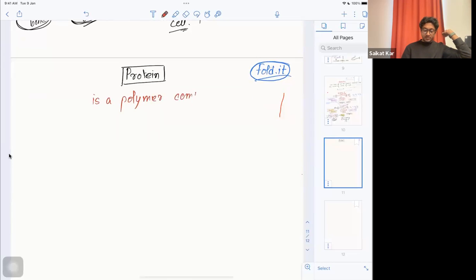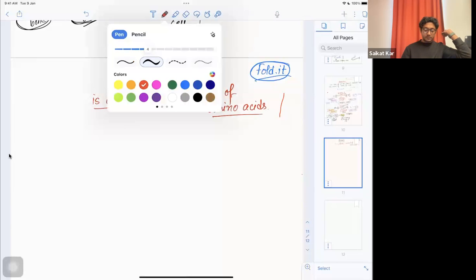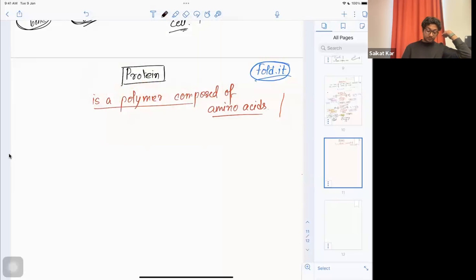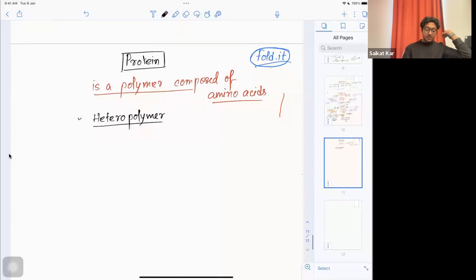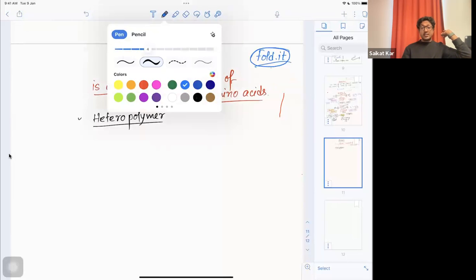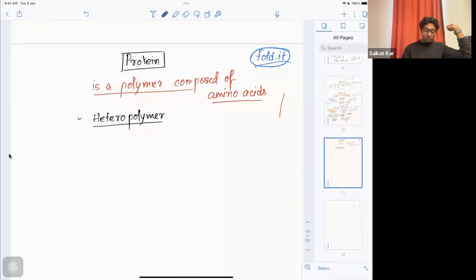So protein is a polymer composed of amino acid. Protein is a heteropolymer. What is a heteropolymer?